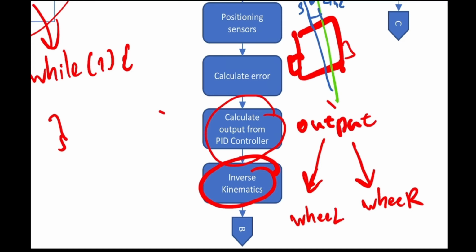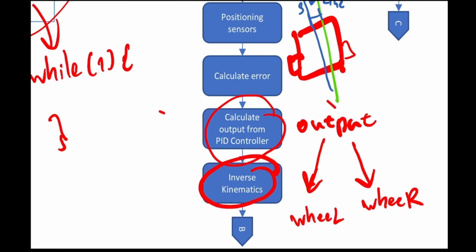For example, if the previous error is 0 and the current error is 5 millimeters, it means you have some difference in the error, right? PID control can estimate that you have the error changing, so the output might be different.